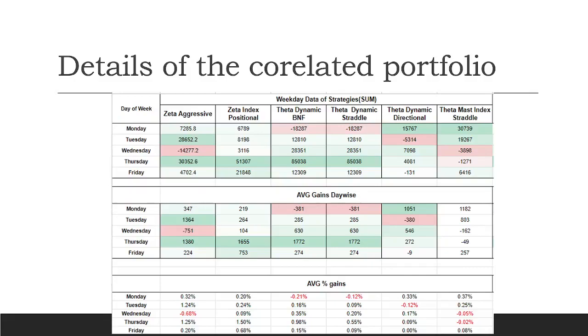Actually, it should be the non-correlated or low correlated portfolio. I think we have missed a word here, but essentially the point is that we have to look into certain aspects of the returns, certain aspects of the relation between strategies, to come to this calculation of correlation and the portfolio.